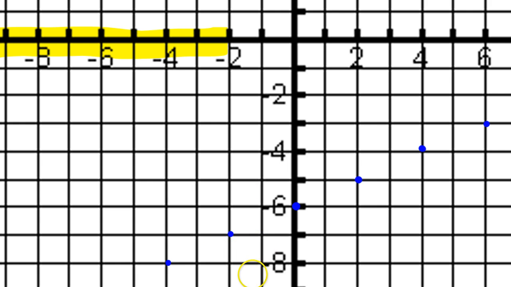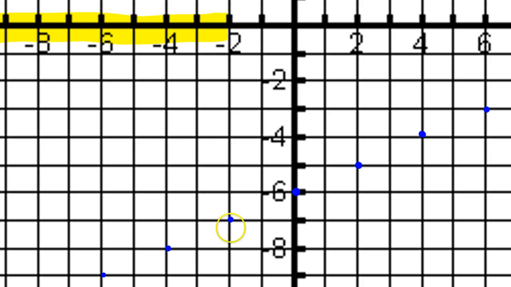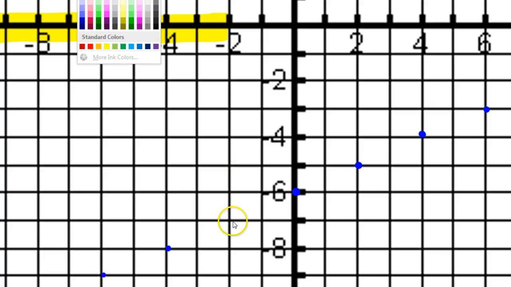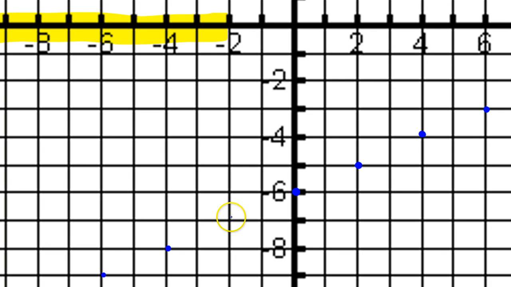So here's what we're going to do. Because it's less than -2, you see I've got a dot right here at -2. But I'm going to make this an open circle because it said less than. We can't include the -2. By making this an open circle, I'm leaving out the -2 as I should.